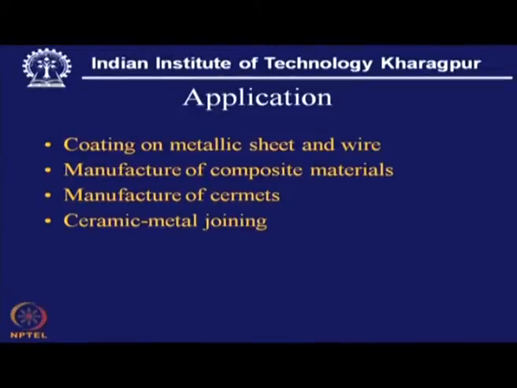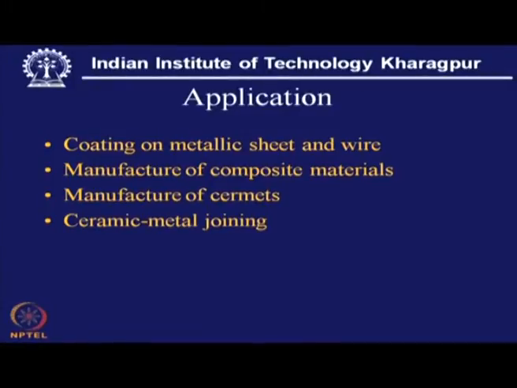Then comes the manufacture of composite materials. In this case, what happens? The dispersion of hard material is done in a metal matrix, and this metal should be able to form a fine coating or an encapsulation over the composite material.